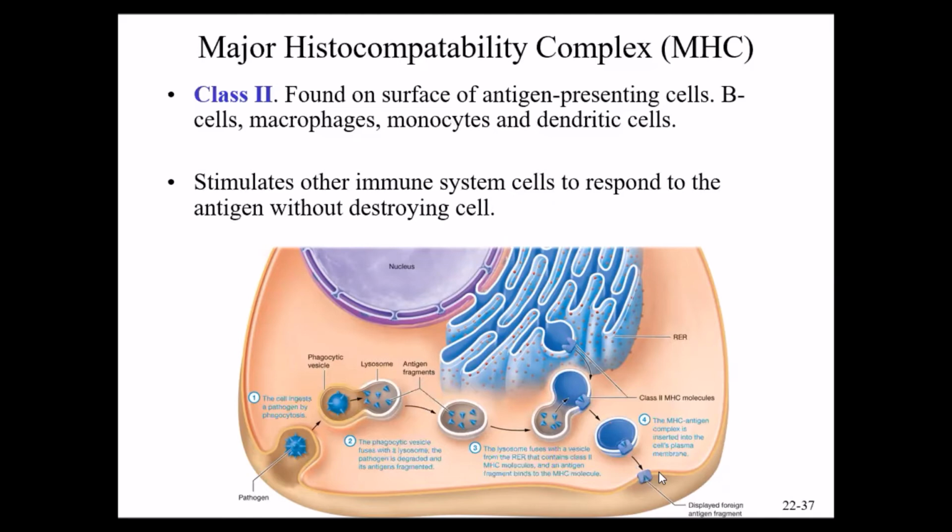But the key difference here is that this type of presentation is going to stimulate other immune cells to initiate an immune response to try to get rid of the antigen, to get rid of that pathogen, without destroying the presenting cell. So if you have a class II receptor, you're able to present and activate your immune system without destroying this cell. And that's different than class I, because remember, class I is going to actually destroy that presenting cell.